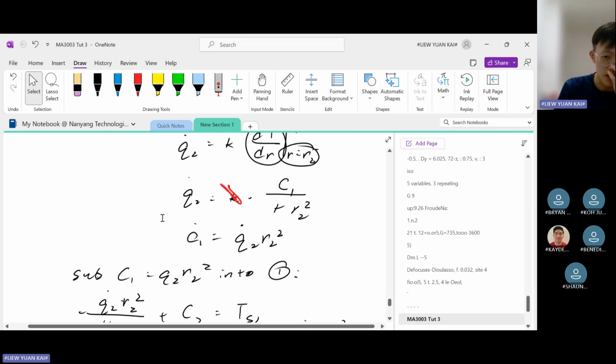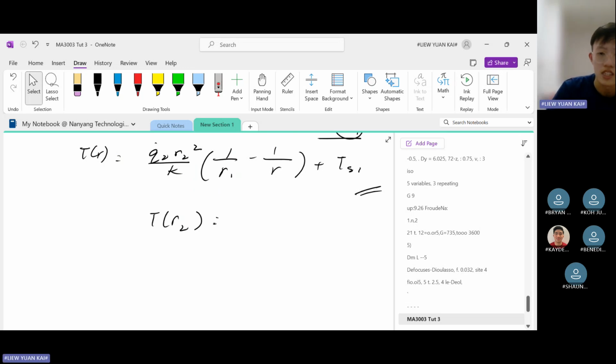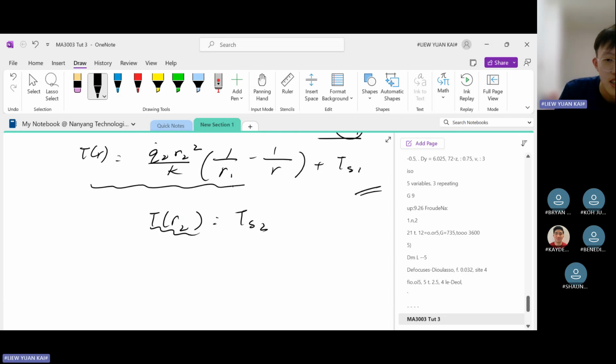We're going to use the information they give us. The outer surface is at a radius of R2, and the outer surface is at a temperature of TS2.